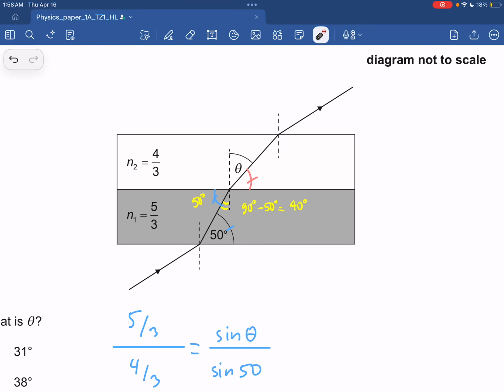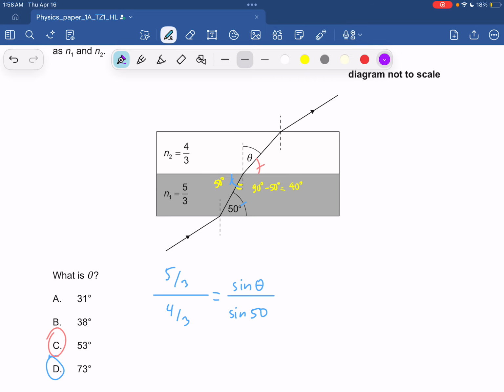So if you can recall Snell's law for refraction, let's just check the data booklet again, at wave phenomena C3.